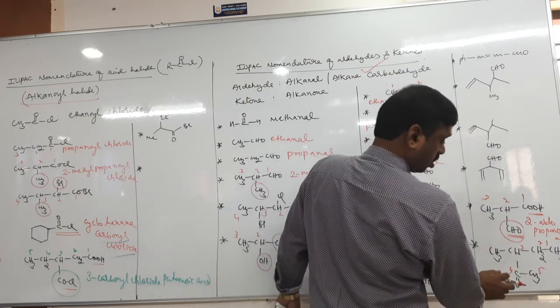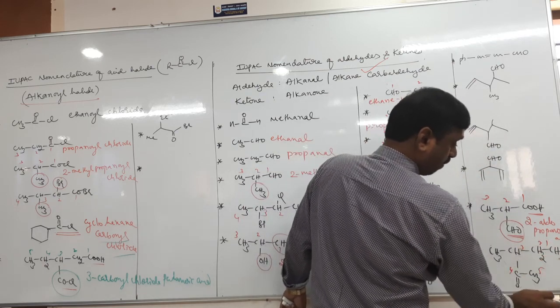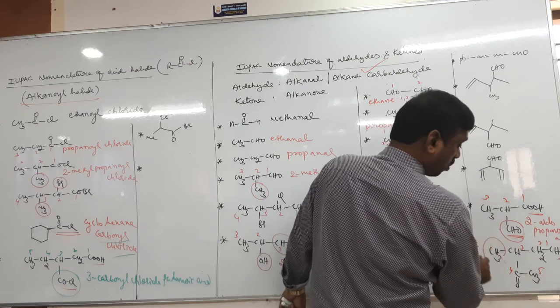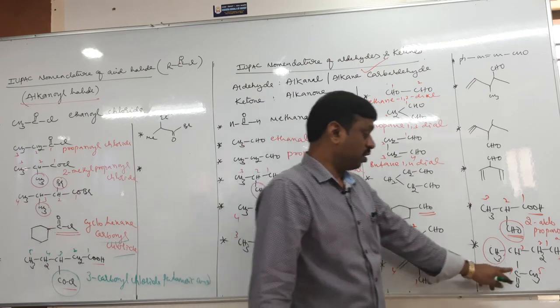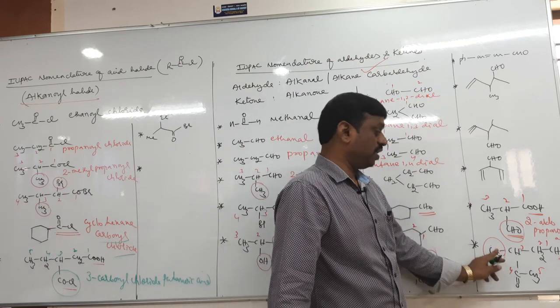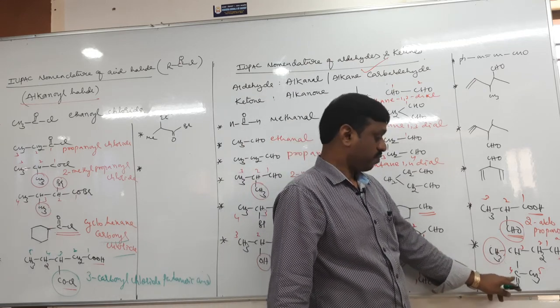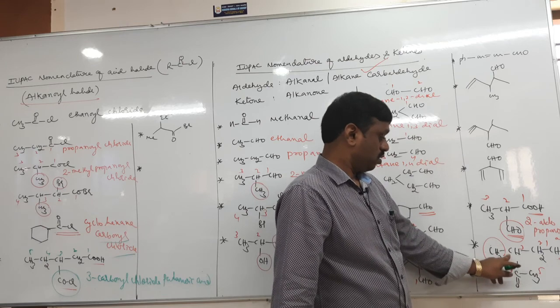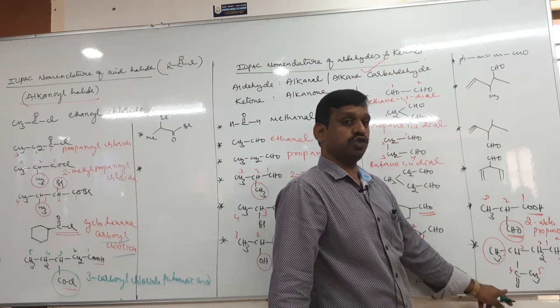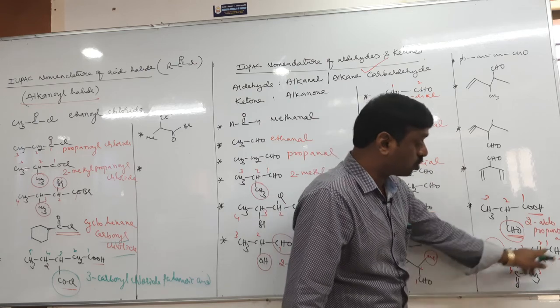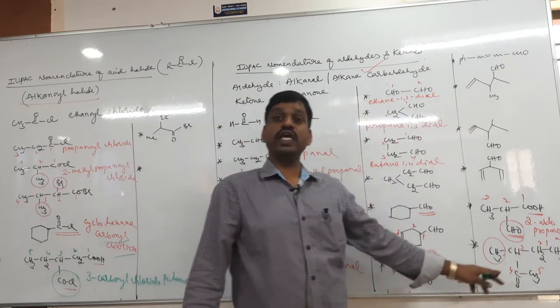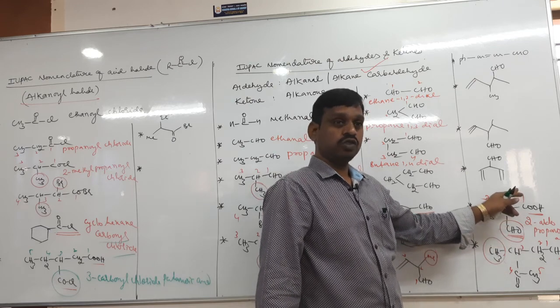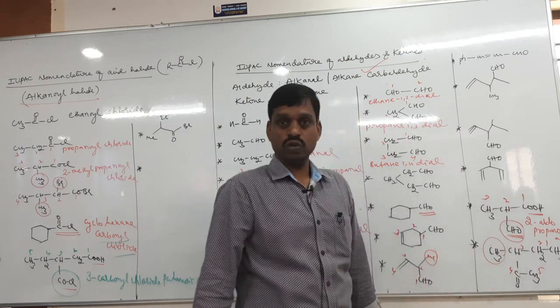It becomes pentanal, but a methyl group is there and an oxo group is there. Which will come first? 3-methyl-4-oxopentanal. So when a keto group comes as a substituent, you should take oxo.